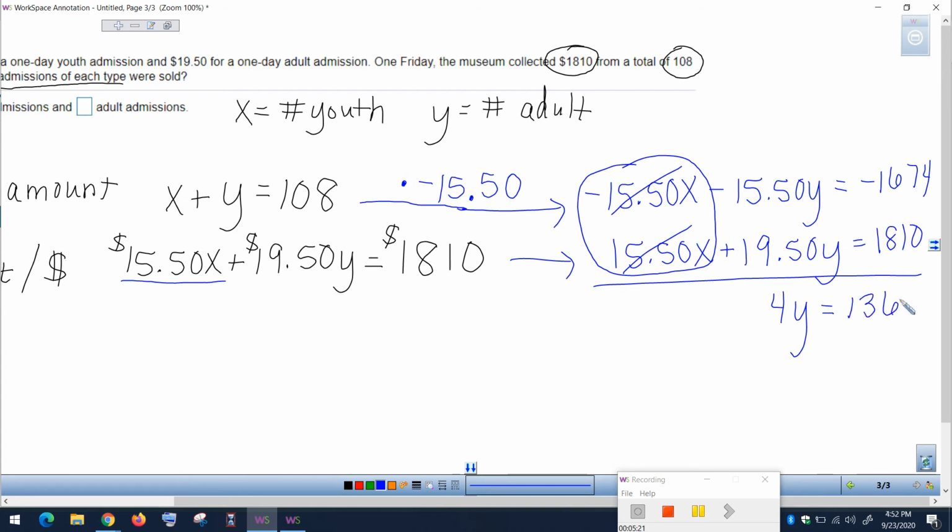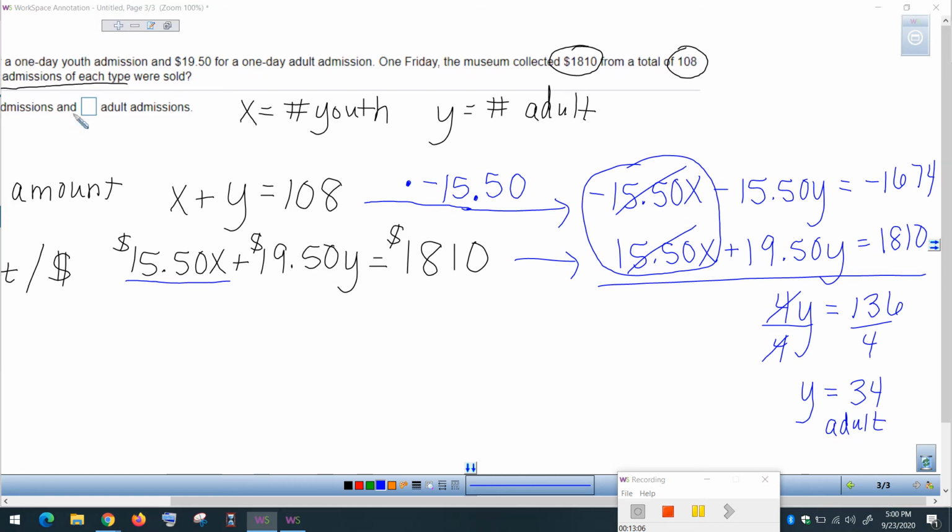And that is a multiple of 4. So when we do 136 divided by 4, we get that our final answer for y is 34. So it's going to be 34 adult admission tickets. So if I go back over here into this answer box, 34 adult admissions, and I need to figure out how many youth. So I'm going to go back to my first equation because that's easiest for me to use.